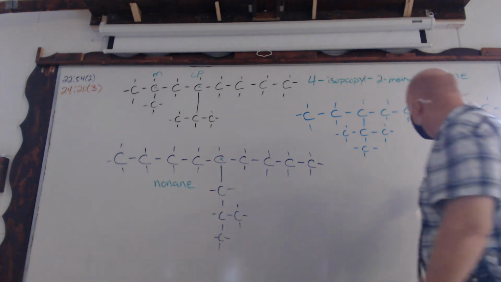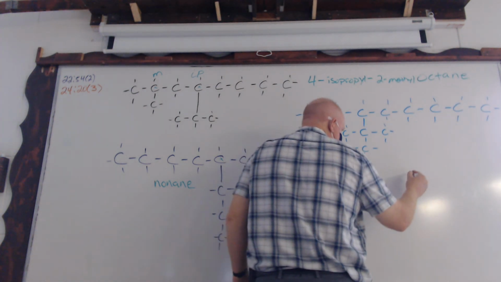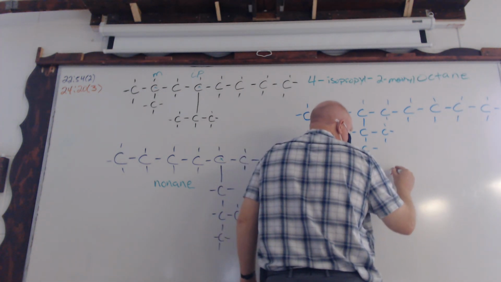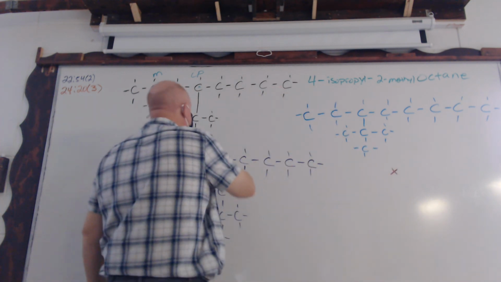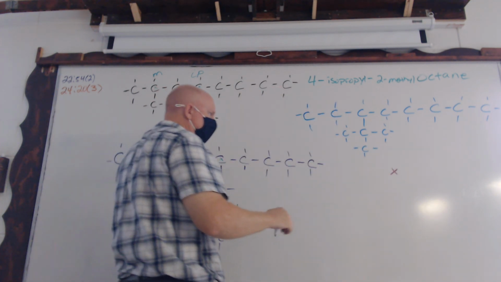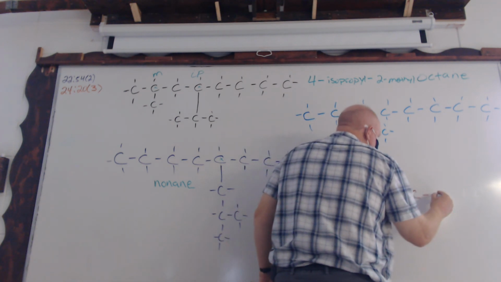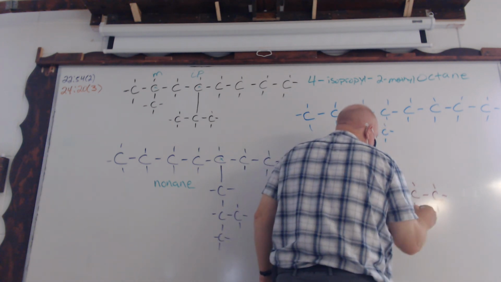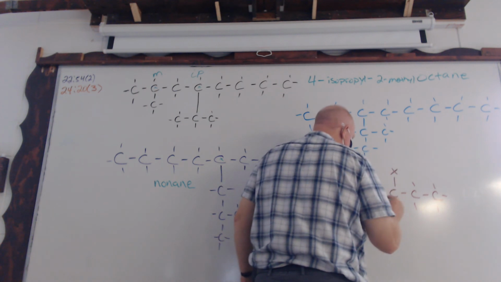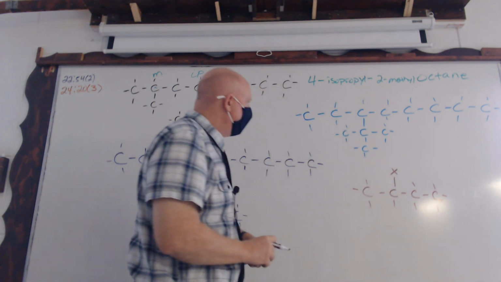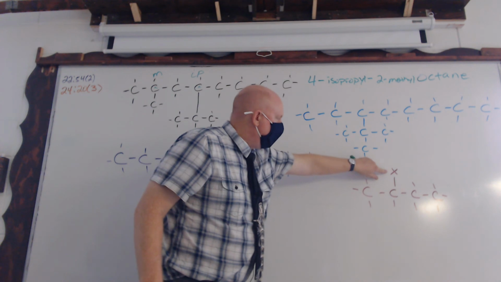Okay, so what I'm going to do here, this X is standing for any one of these carbons where it attaches to the parent chain, just like what you would see on page 308. So this X is attaching to the parent chain.